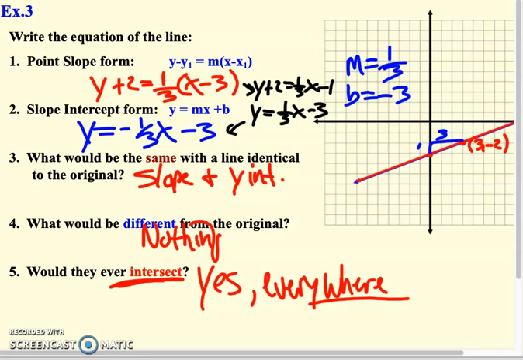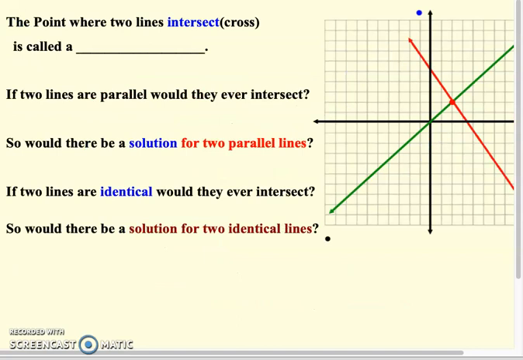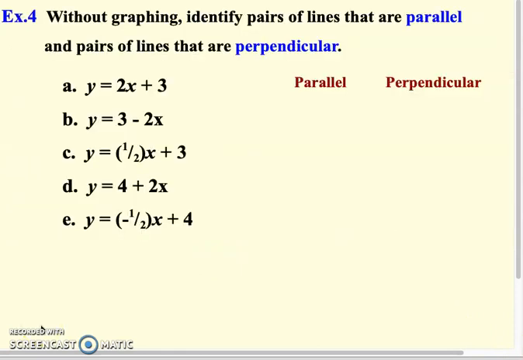All right, let's kind of finish up here with a couple last little ideas. So let's do a wrap-up of just the two major ideas here. We're going to talk about parallel, perpendicular, and slope, and then the last thing we'll do is hit the idea of types of solutions one more time.